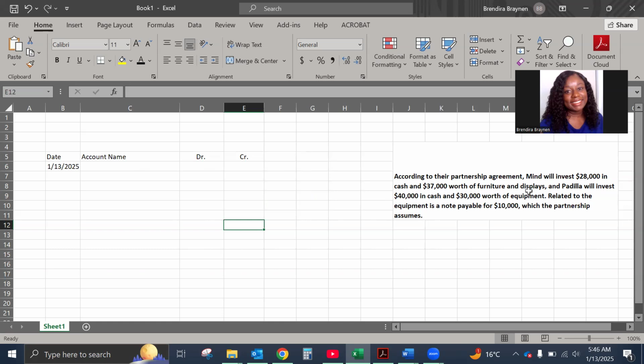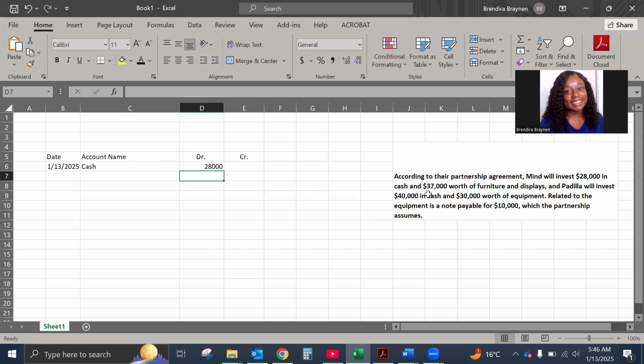The accounts we use are based on what happened in the transaction. They invested cash, and cash is an asset. So the partnership now has $28,000 worth of cash. Cash is increasing, meaning I need to debit it because it's an asset. So I'm debiting cash for $28,000.